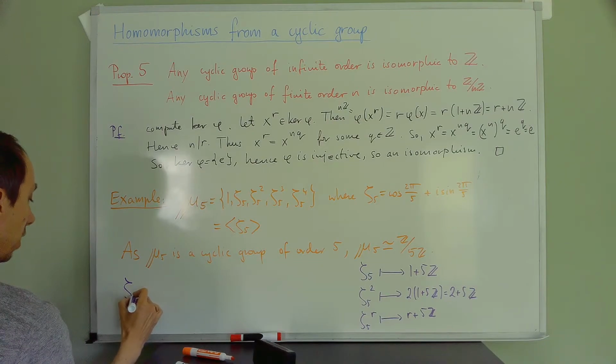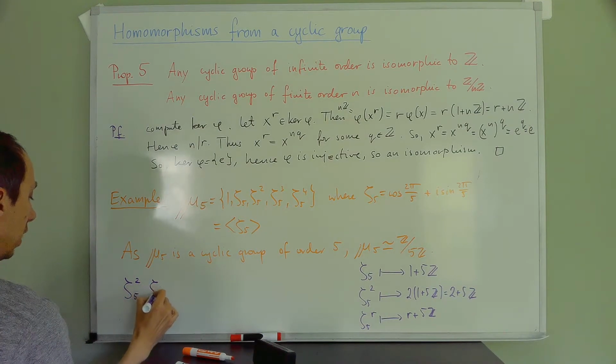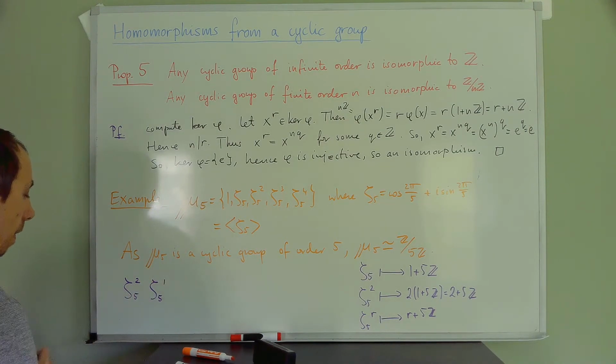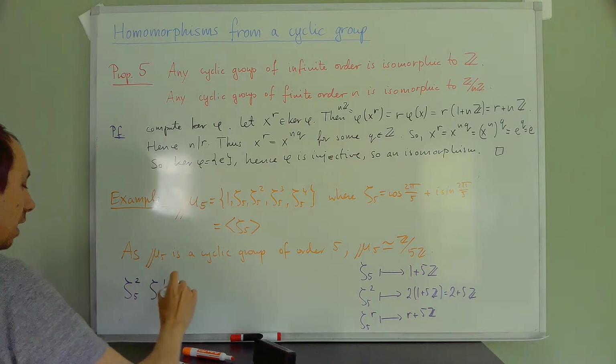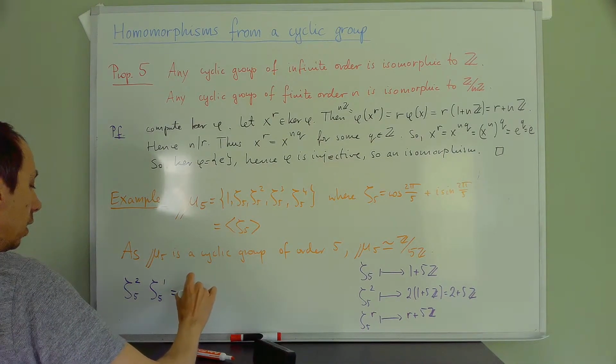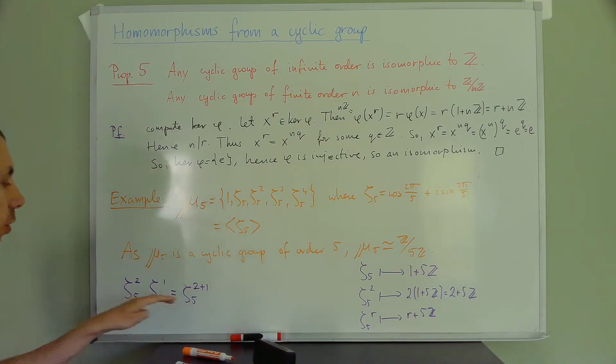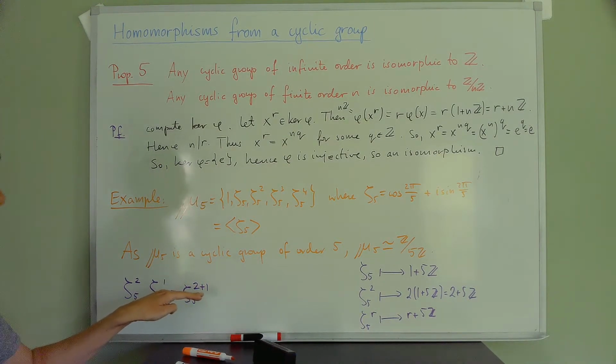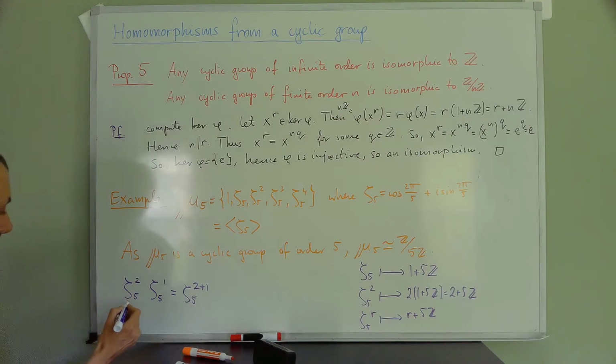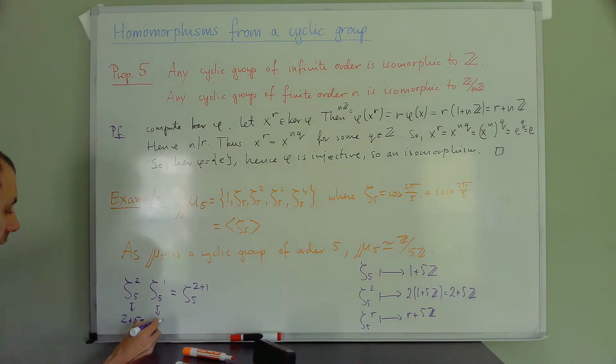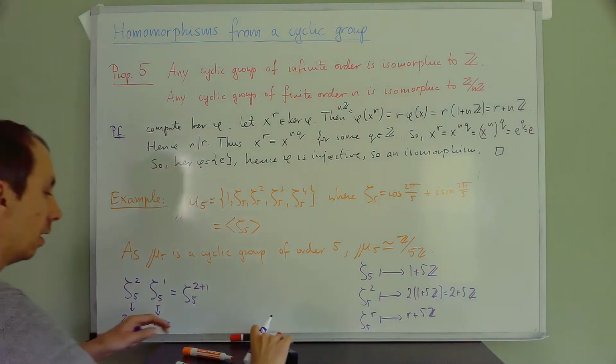You can also see how the operation behaves nicely. Say, suppose I take zeta 5 squared, and then I take zeta 5 to the 1. So I get that that's zeta 5 to the 2 plus 1, right? What am I doing here? I'm really adding these numbers. So if I just look at their images, this is sent to 2 plus 5Z, and this is sent to 1 plus 5Z, according to this homomorphism.